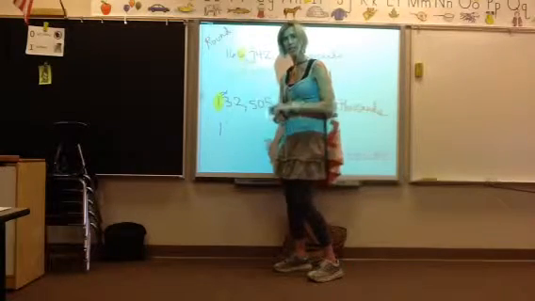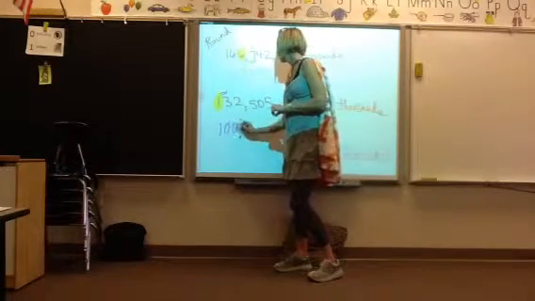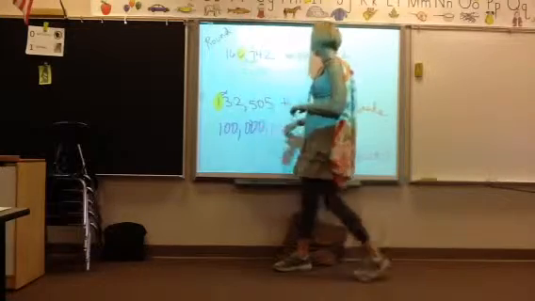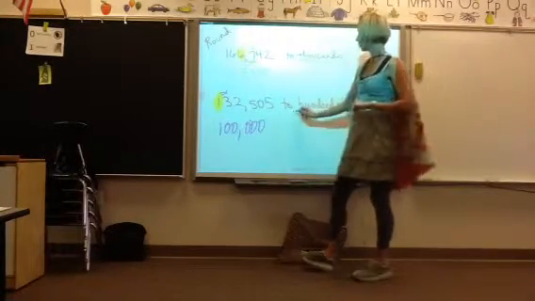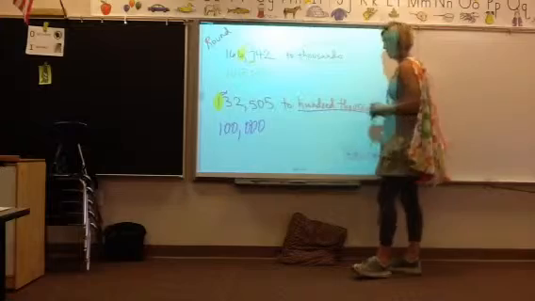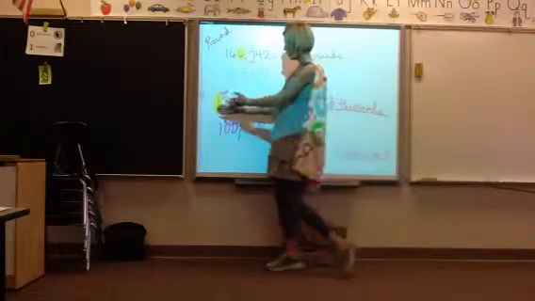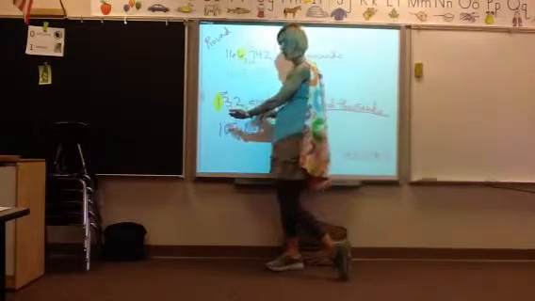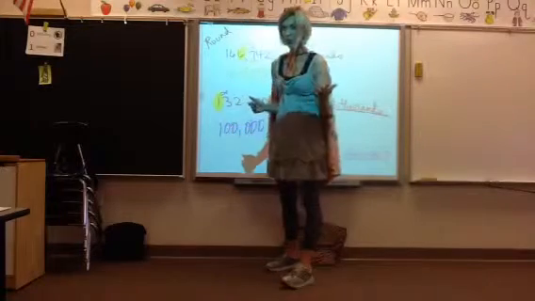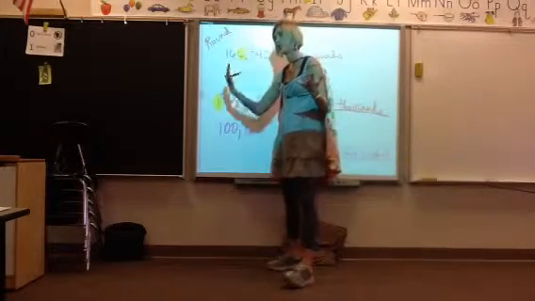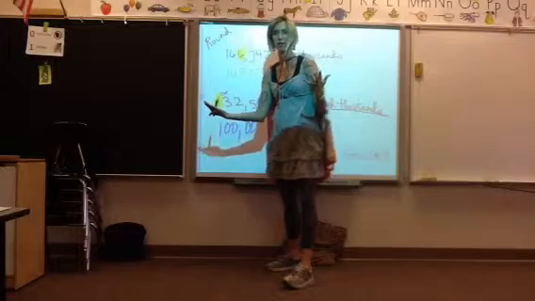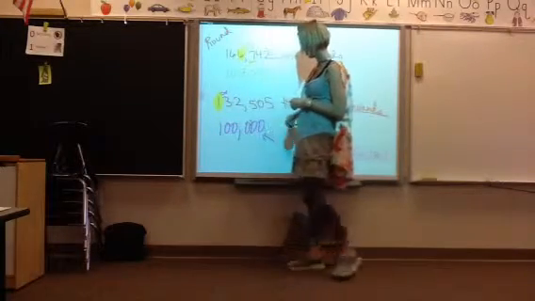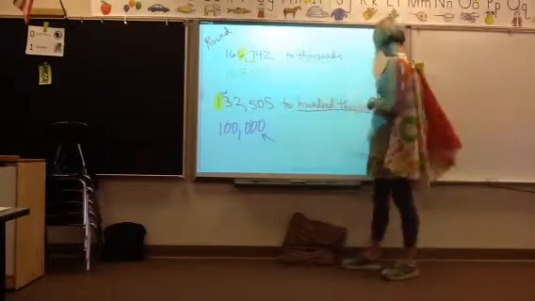It's just going to stay there. And I'm going to be at 100,000 because I was rounding it to the 100,000s. And if you think about it, is 132,505 closer to 100,000 or is it closer to 200,000? It's closer to 100,000.